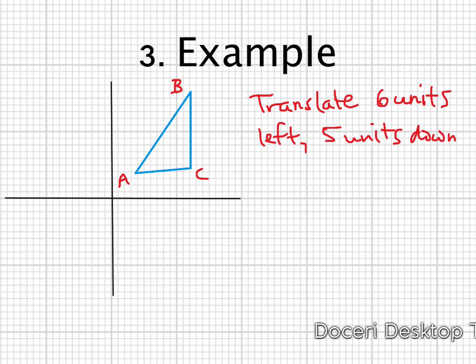To do that, you would take every point's x value and shift it 6 units to the left. So if I'm talking in terms of vectors, I would move it 6 units to the left first. And then I would go 5 units down from that same point.